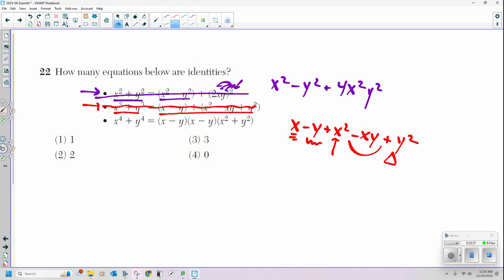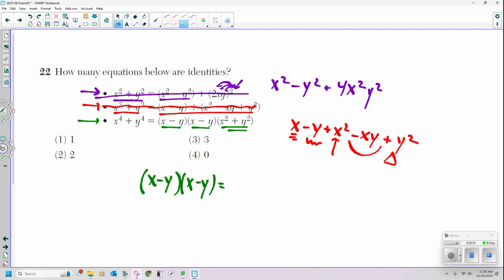Oh, you nasty son of a gun. The next one: I've got to multiply this times this because there's no plus or minus between the parentheses. Then when I get that answer, I've got to multiply it times this. So x minus y times x minus y.